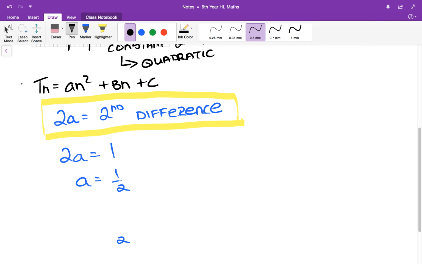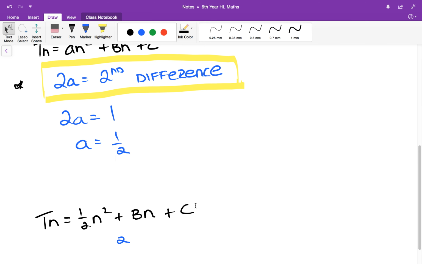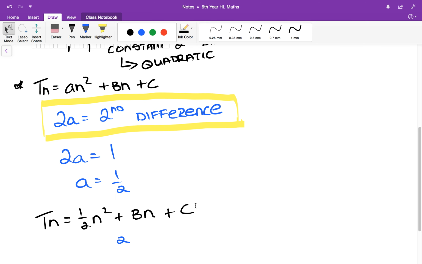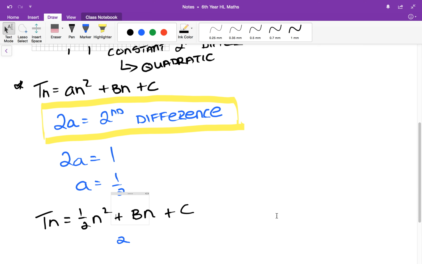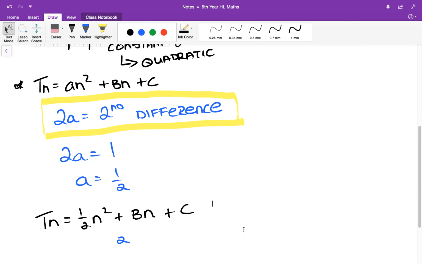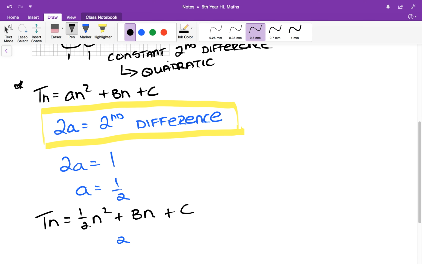So now this sequence has simplified a little. It's a half n squared plus bn plus c, because now we know a. So what you do then is you're going to use your first term and your second term.